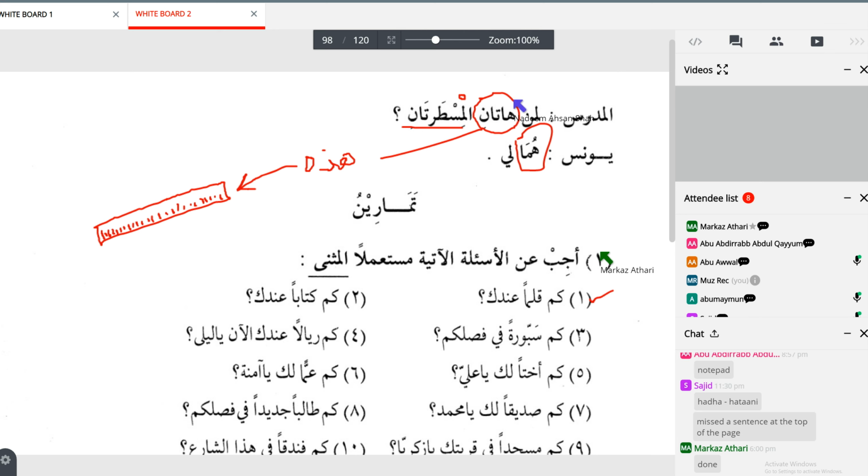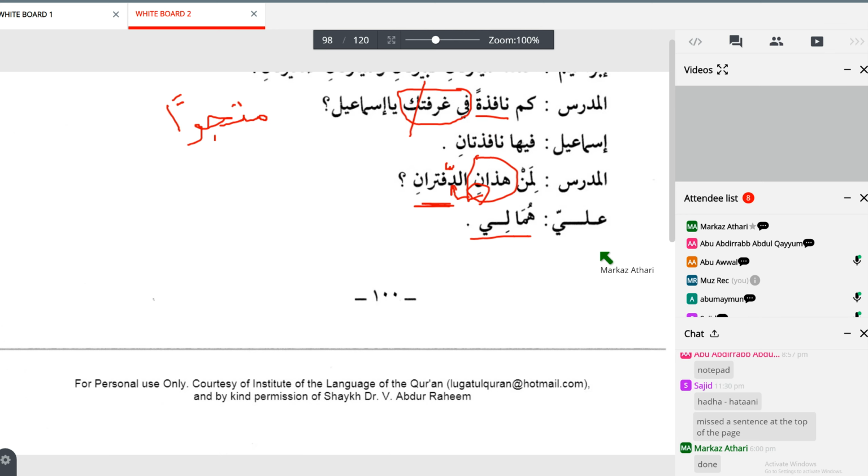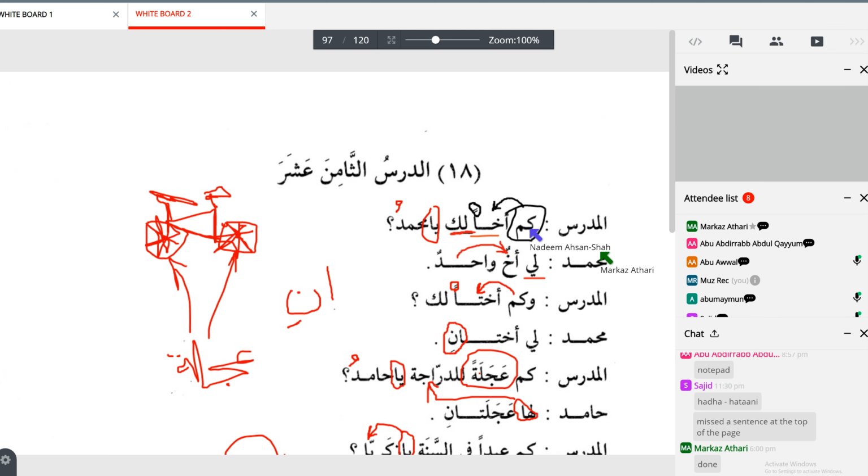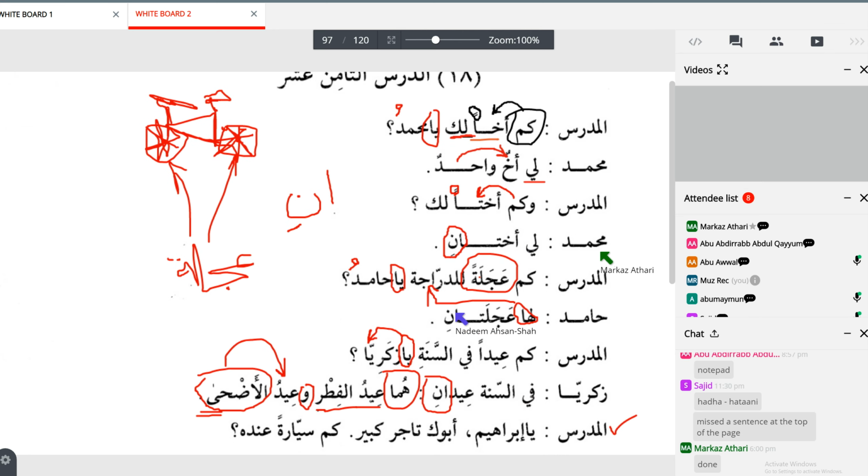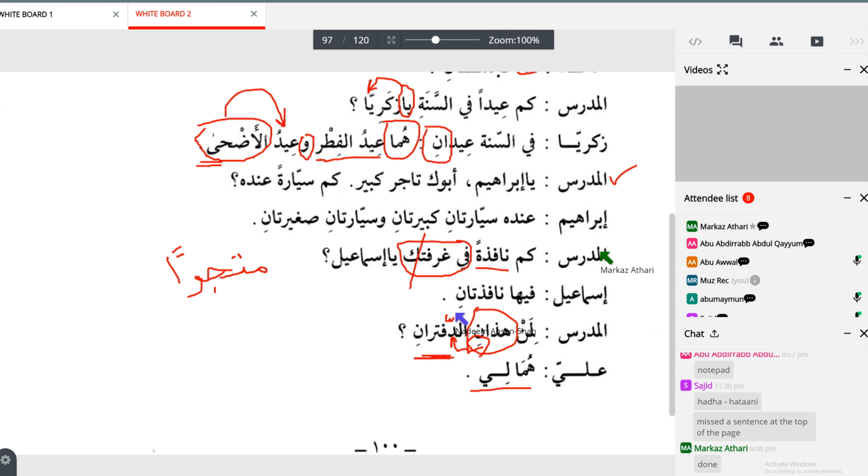Let's go back to the text. He says over here, Kam ukhtan laka. Later on he said, we don't have the same example of عندك. Yes, here: Kam sayyaratan indahu.